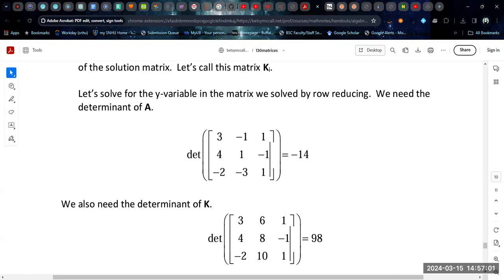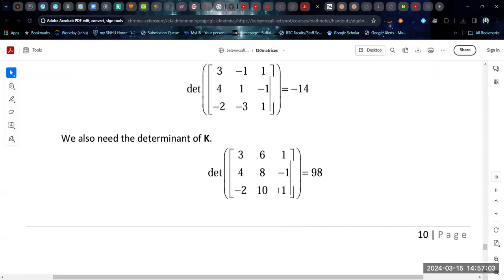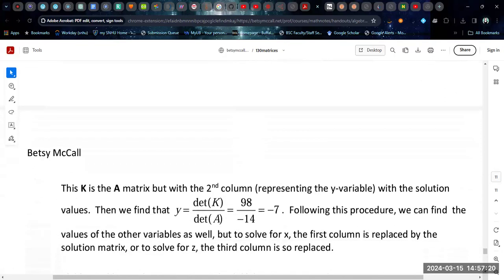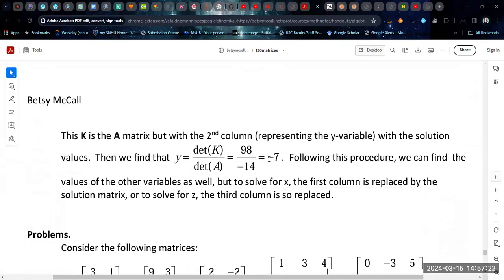And then when we calculate the determinant of that, we end up with 98. And it turns out that y is equal to the determinant of this matrix divided by the determinant of our original coefficient matrix. And 98 divided by -14 is in fact -7, which matches our previous example.